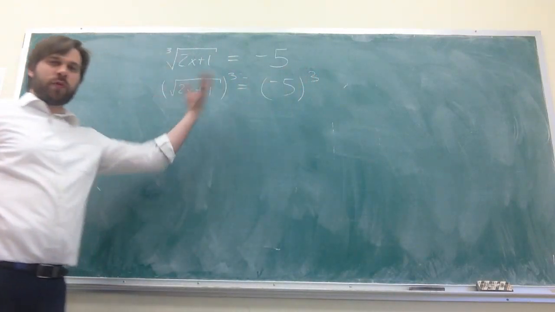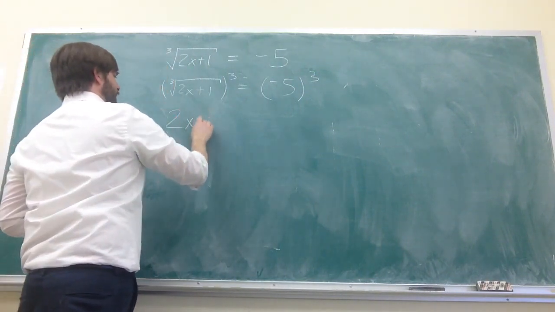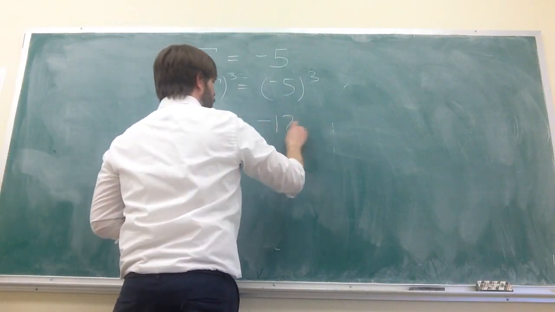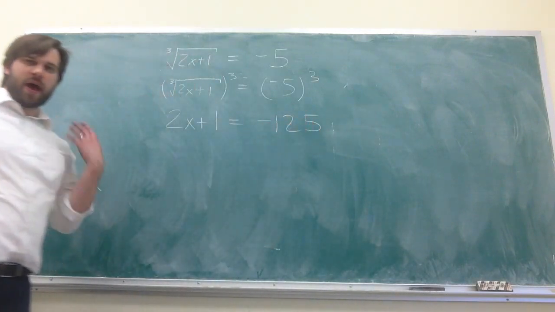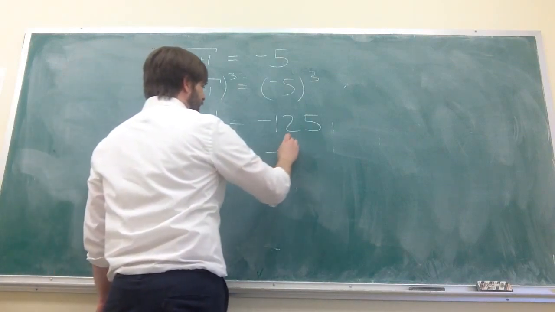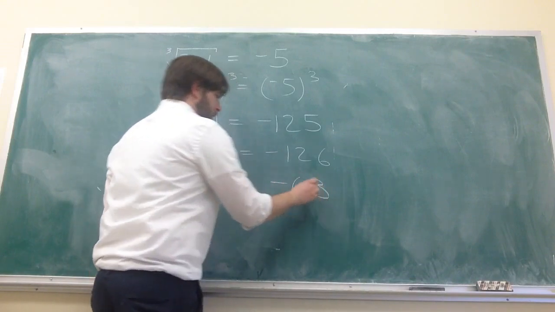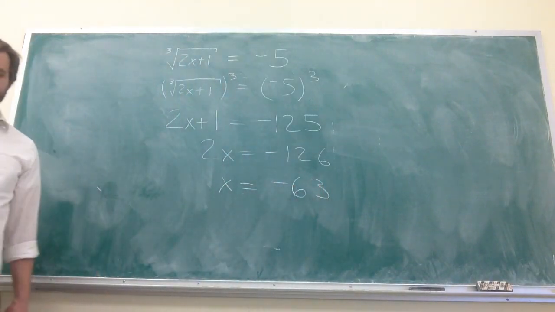On the left, the radical goes away, and we're left with 2x plus 1. On the right, we get -125. Solving for x, we subtract 1, and we get 2x is equal to -126. Dividing by 2, we get -63.